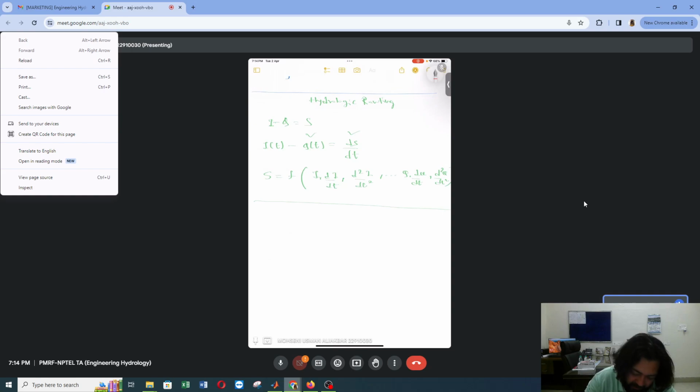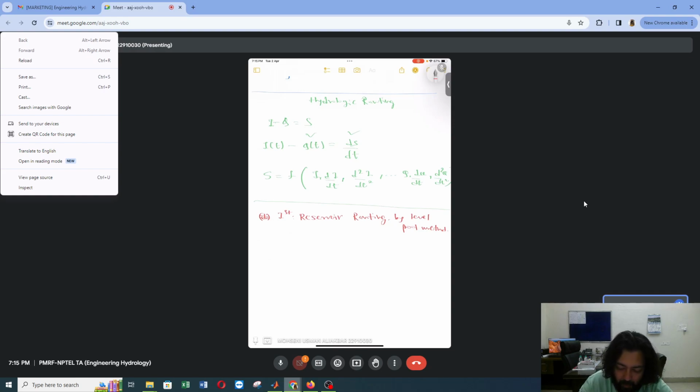The first category we call reservoir routing, right? And reservoir routing is basically done by the level pool method.